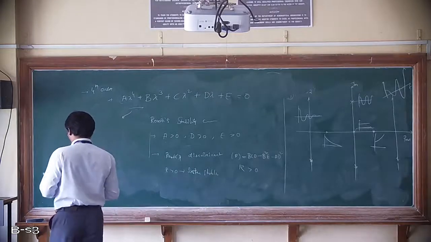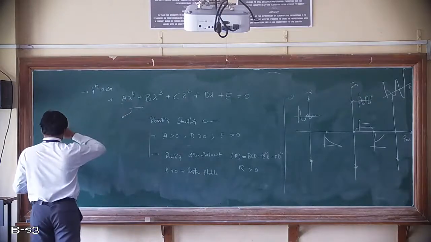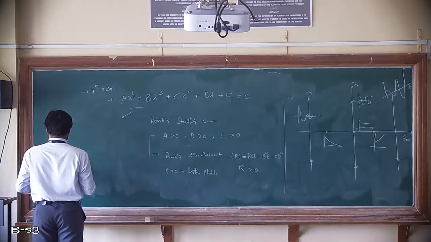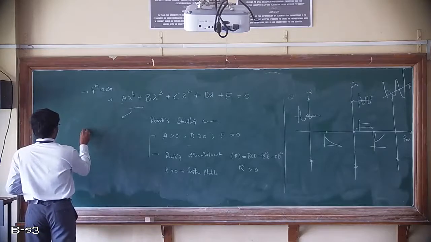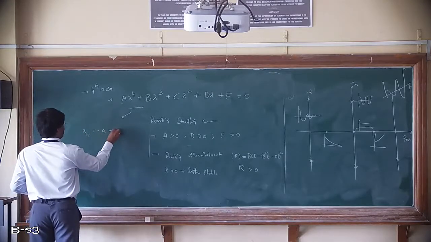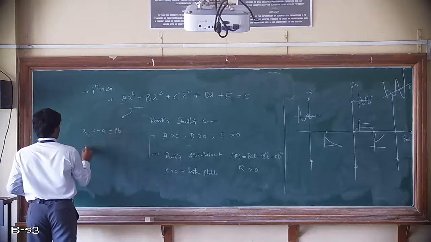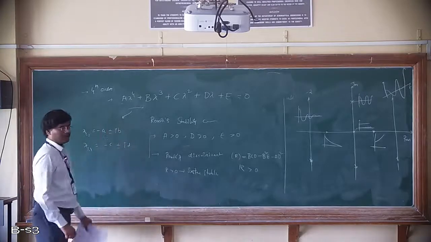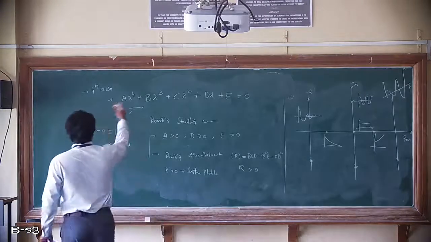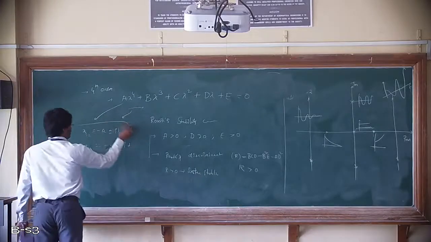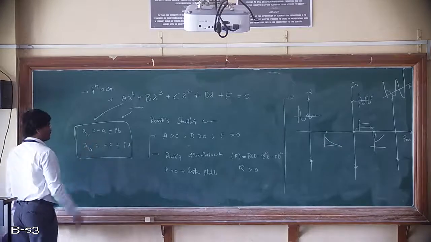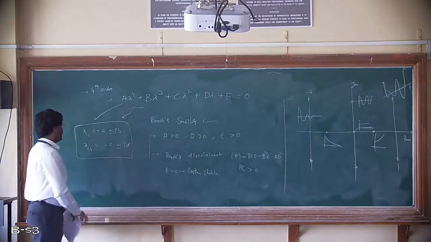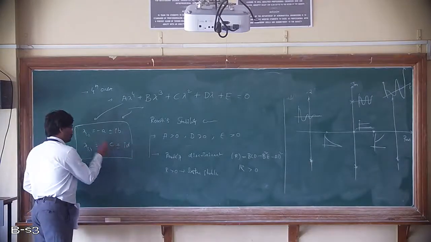If this is a fourth order system, you are getting roots like this: 1, 2 are minus A plus or minus iB, and 3, 4 are minus C plus or minus iD. For this equation, roots are minus A plus or minus iB, minus C plus or minus iD. So what about these roots?